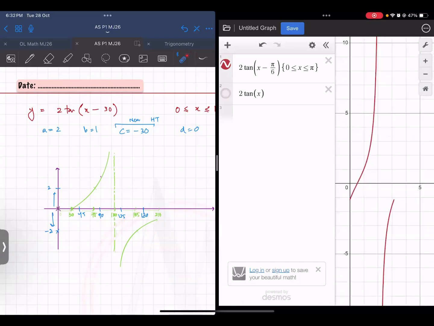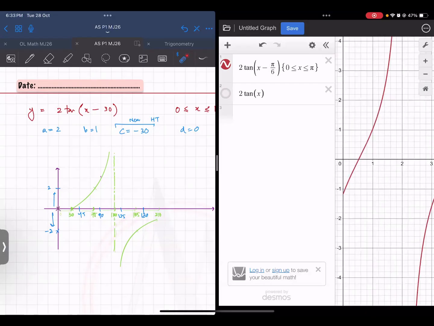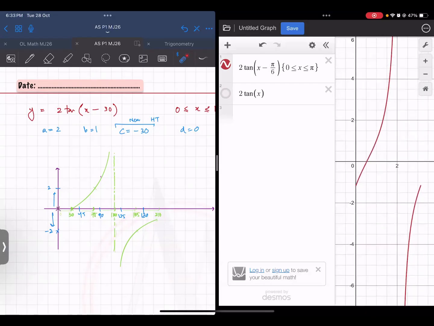This is the graph we have just drawn. Is that right? Any questions, anyone?